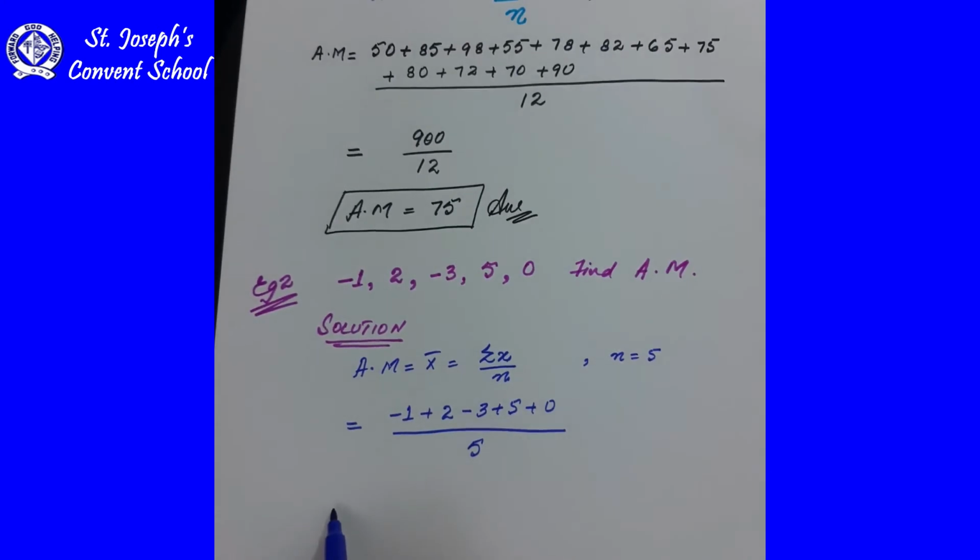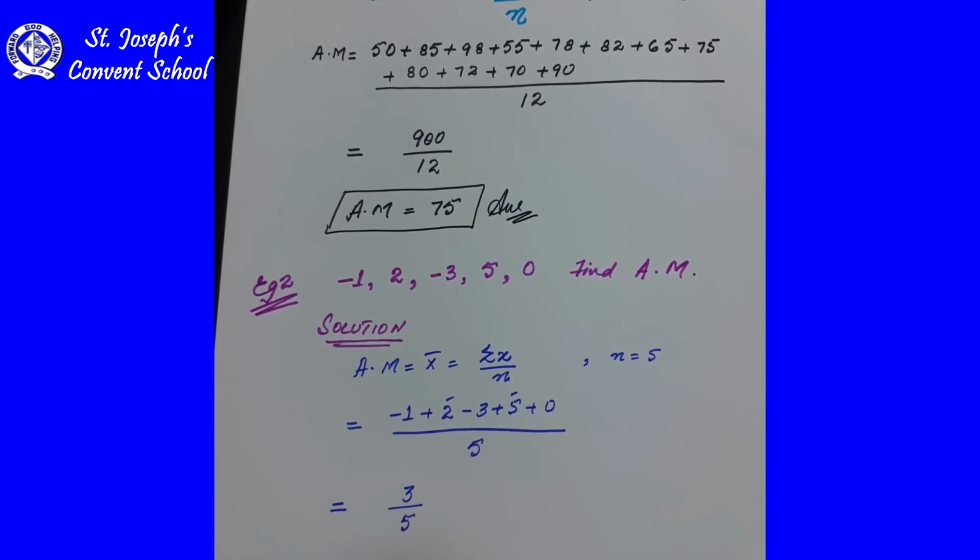Okay, now there are plus and minus signs. So what we are going to do, we will add the plus values. 5 plus 2 is 7. 7 minus 1 is 6. 6 minus 3 is 3. Or you can use a calculator, it's up to you. Okay, 3 divided by 5.